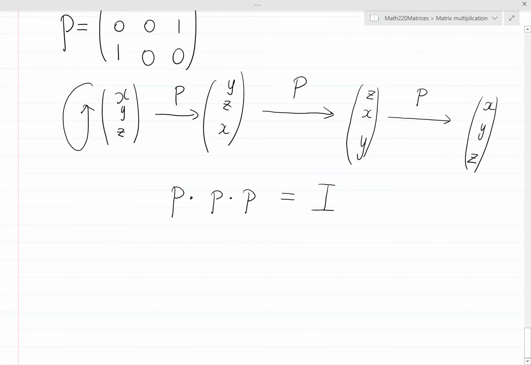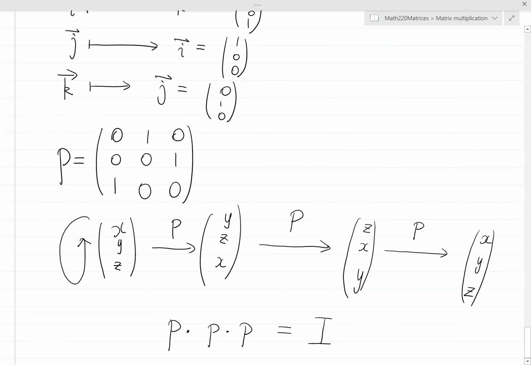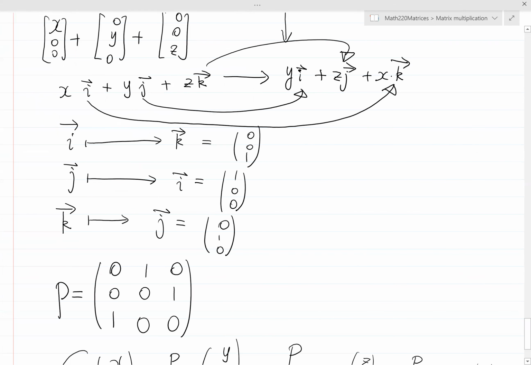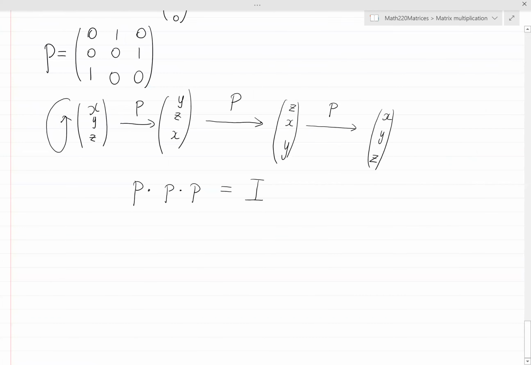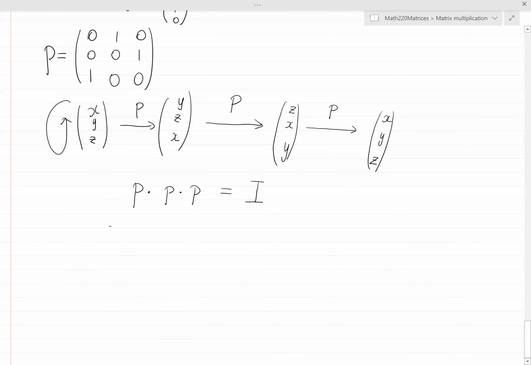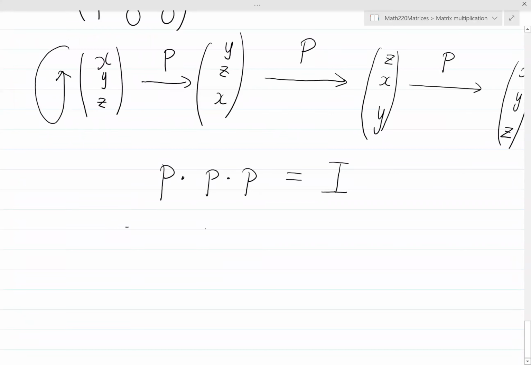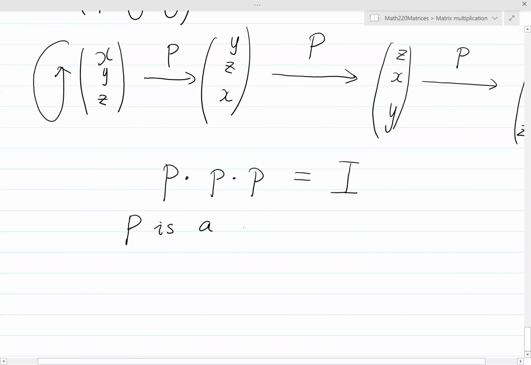So here P is a permutation matrix. It permutes things around.